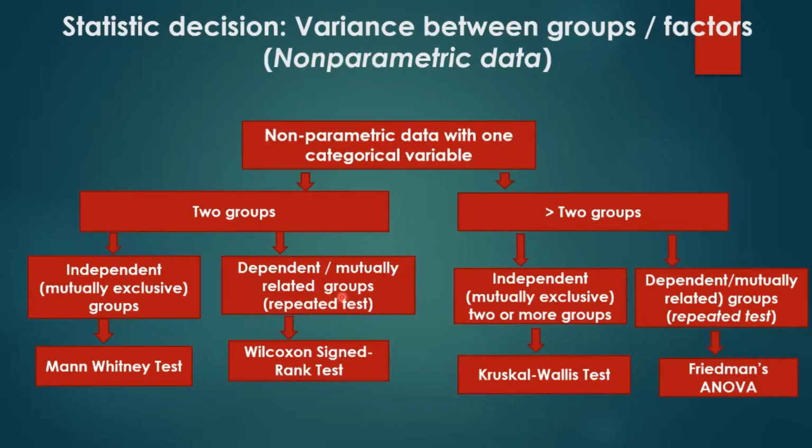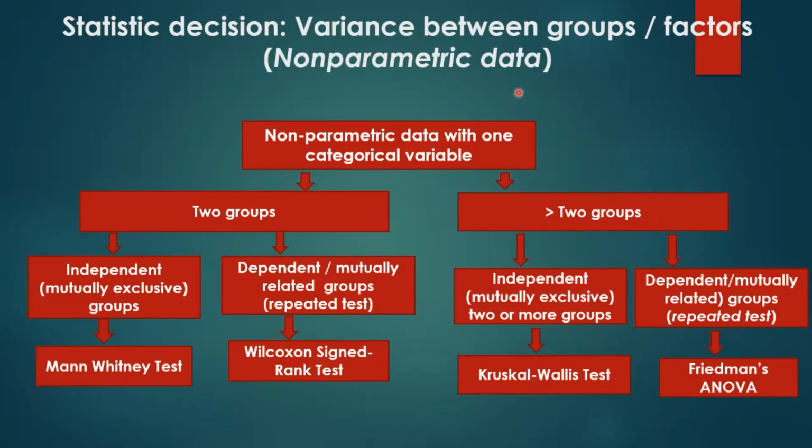Even for animals, you take the animal, you test them, you give them a particular feed, and after that you check the immune system. It is a repeated test, so the groups are not mutually exclusive. So we do a Wilcoxon signed-rank test. Then for more than two groups, if they are independent, we do the Kruskal-Wallis test.